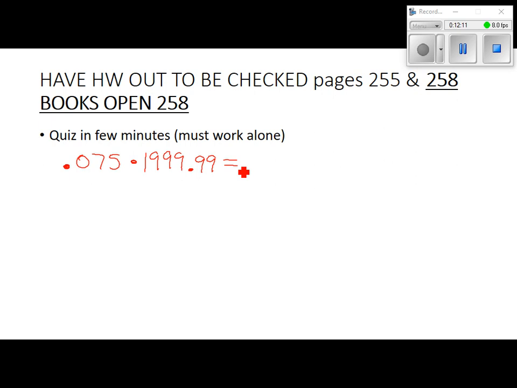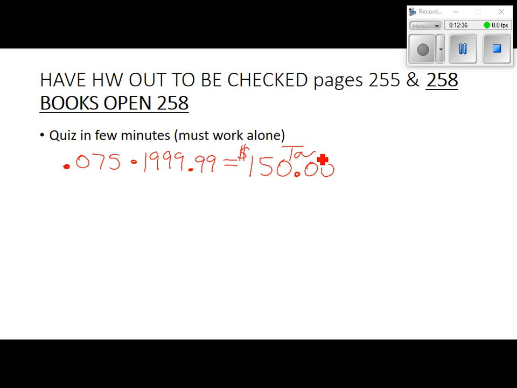$75. So if you're spending $2,000, the first 1,000 is $75. The second 1,000 is going to be another 75. What's 75 and 75? 150. So we should be really close to 150. It comes out to almost exactly 150.